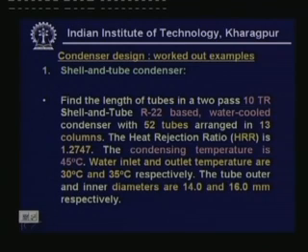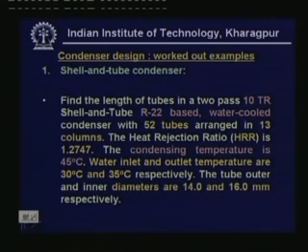The condensing temperature is 45 degrees centigrade. Water inlet and outlet temperatures are 30 degrees centigrade and 35 degrees centigrade respectively. The tube outer and inner diameters are 14 and 16 mm respectively. So, the problem must be clear to you. It is an R22 based water cooled condenser. It has 52 tubes in 13 columns, and the other data is as per the problem.